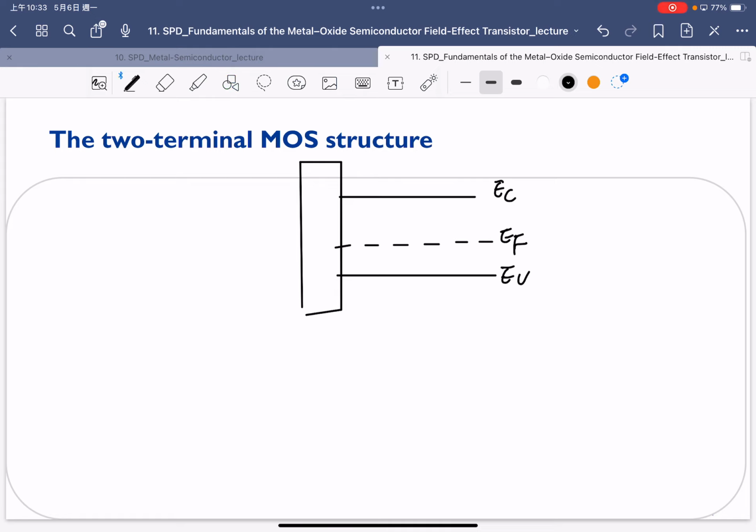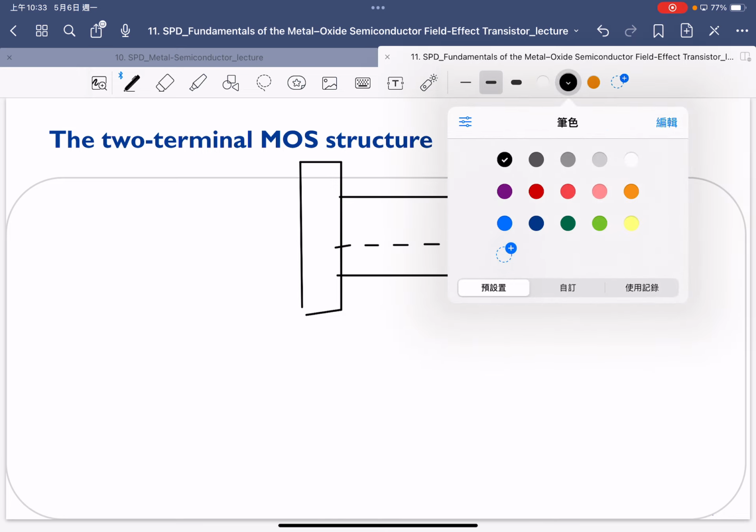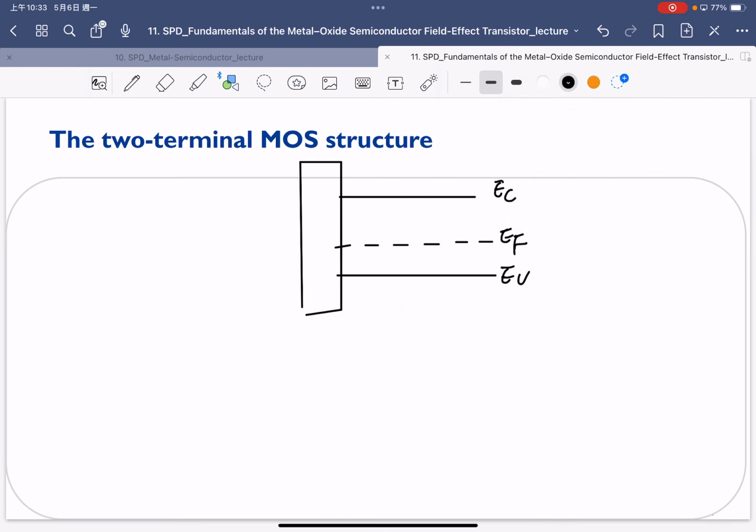And then right now we assume our gate bias on the metal is aligned with our Fermi energy in the semiconductor. So that means here and here are at the same position, constant through the system. So this is a condition we call the flat band. So the energy bands are flat.